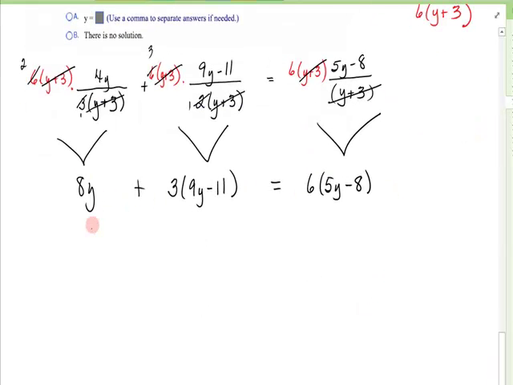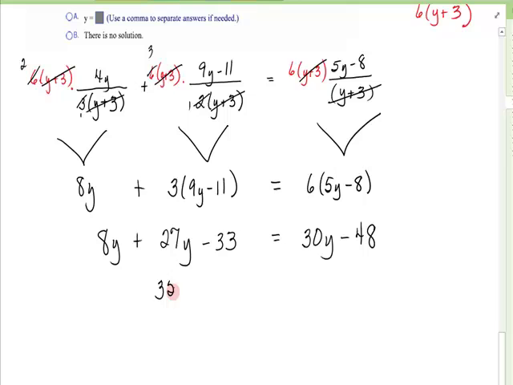All right, let's use the distributive property where we need to. I have 8y plus 3 times 9y is 27y. 3 times negative 11 is negative 33. Equal sign. 6 times 5y is 30y. 6 times negative 8 is negative 48. Combine these two like terms. 8 and 27 is 35y minus 33 is equal to 30y minus 48.